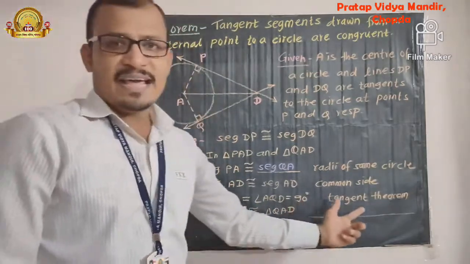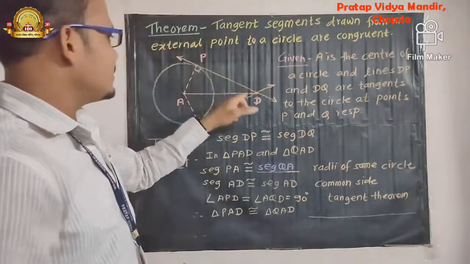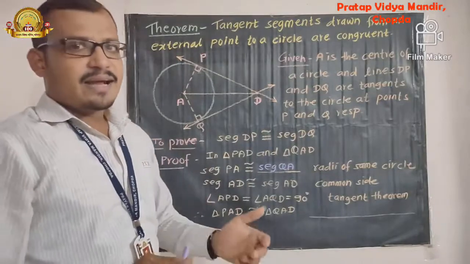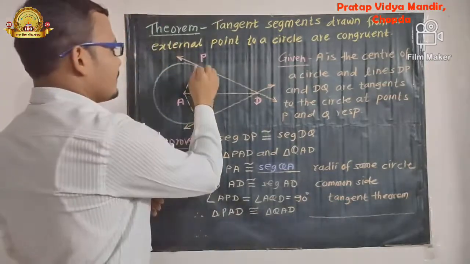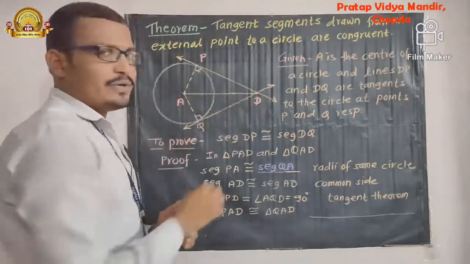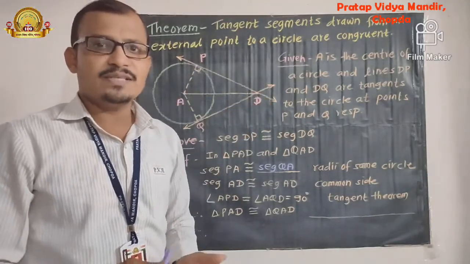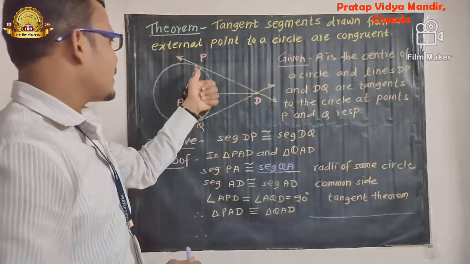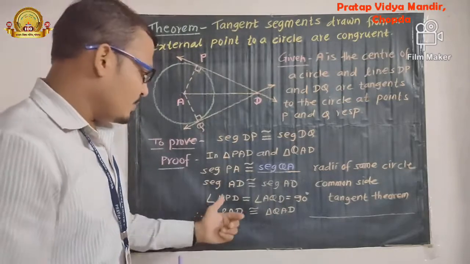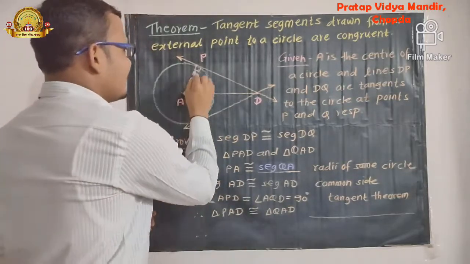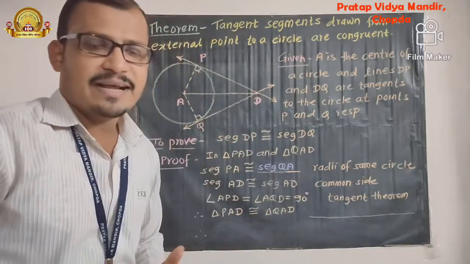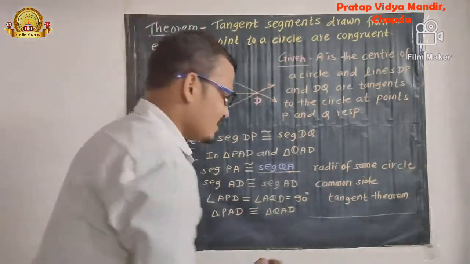According to the tangent theorem, because these two lines are tangents to the circle, angle APD and angle AQD are each of measure 90 degrees. So these two angles are equal, and hence triangle APD and triangle AQD are congruent triangles by hypotenuse side test.